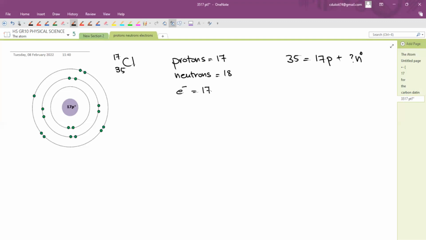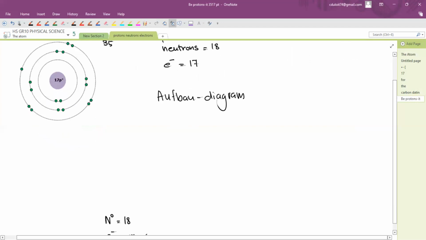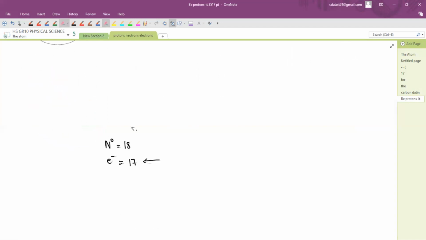Okay, but now we're going to do something new. It's called Aufbau diagram. Aufbau diagram is just a visual representation of the electrons.